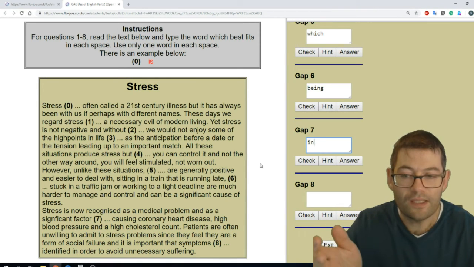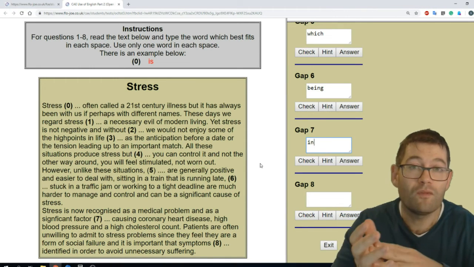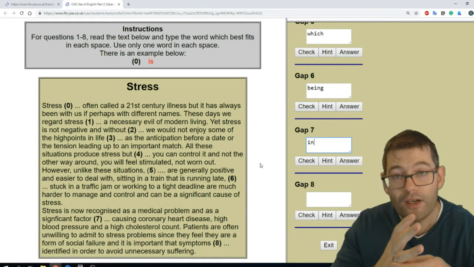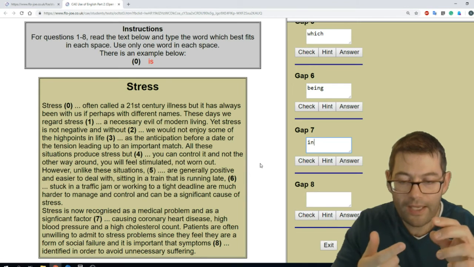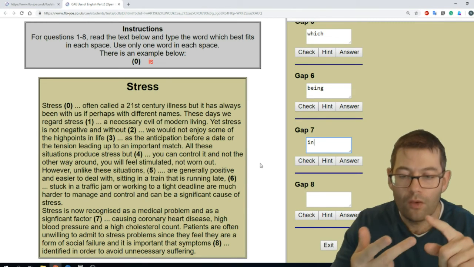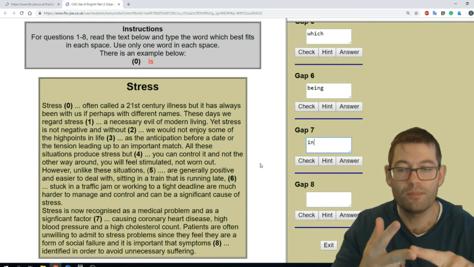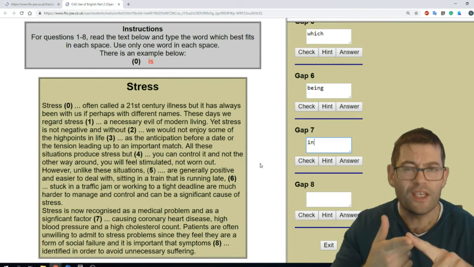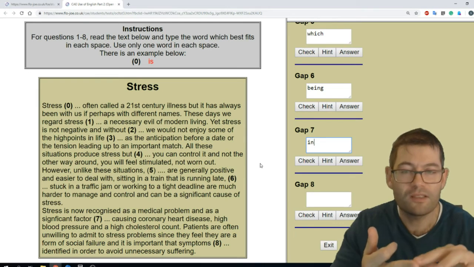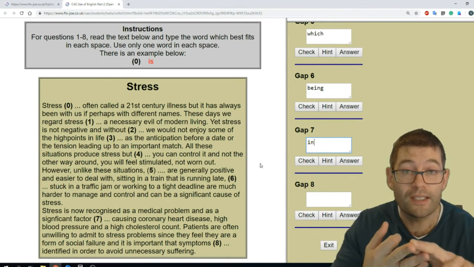What have we got after the gap? After the gap, we've got identified. Now, identified can be one of two things. It can either be an adjective or it can be the past participle of identify. Well, an adjective doesn't fit here, so that must mean it's the past participle of identify.